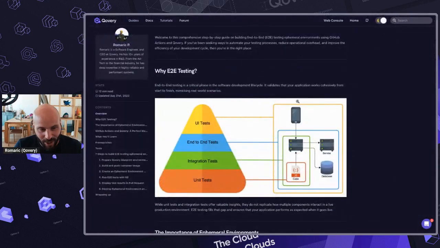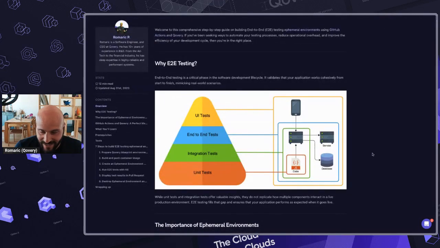Since I'm already on that page, let me quickly introduce end-to-end testing. Basically, it's about how we can test the full pipeline, all the elements and components, to make sure that the application works at the end. This includes the code, obviously, but also the different services. You probably have unit tests inside your application code that validate the internal logic of your application.